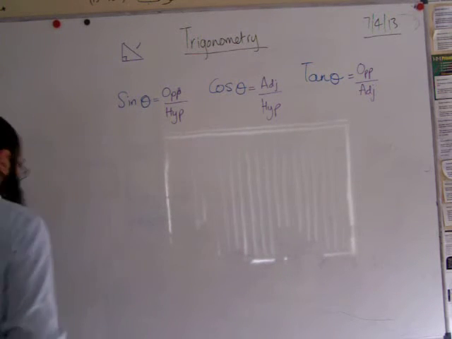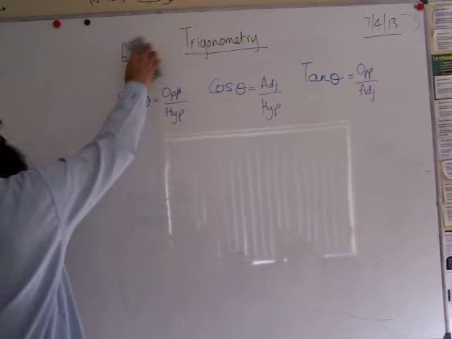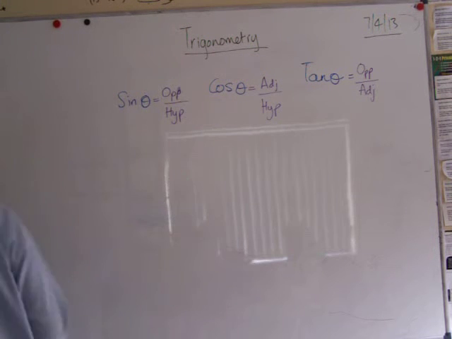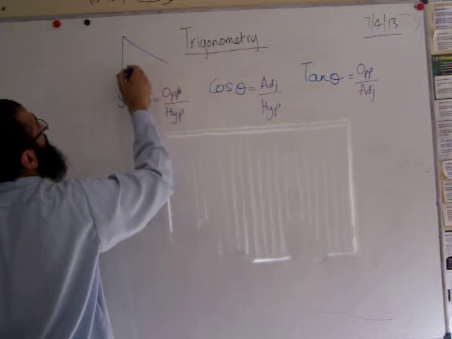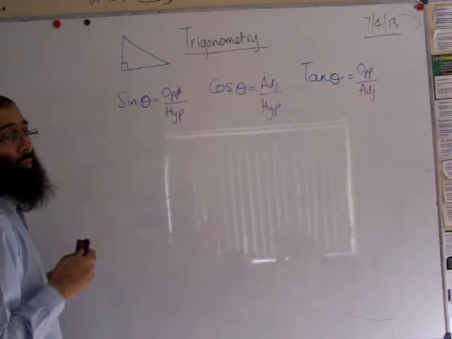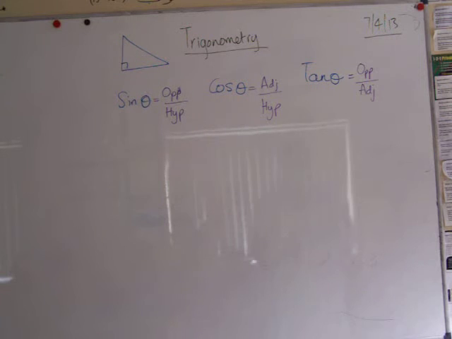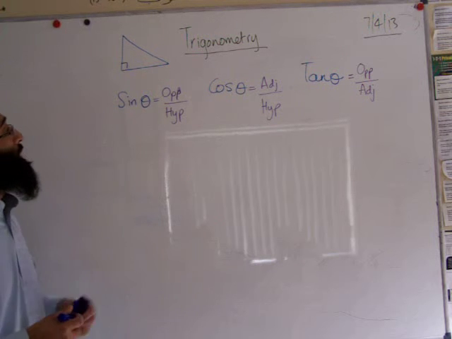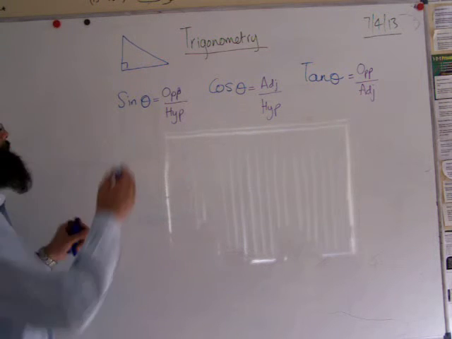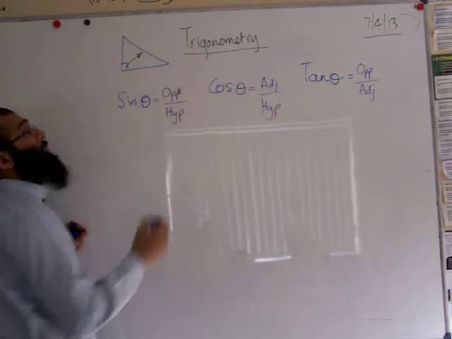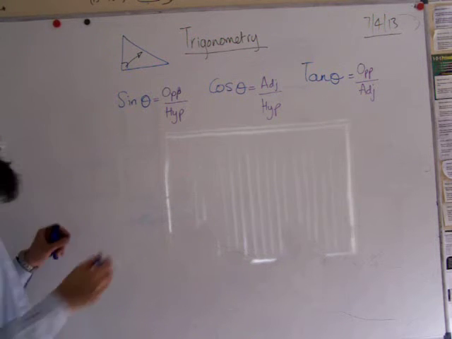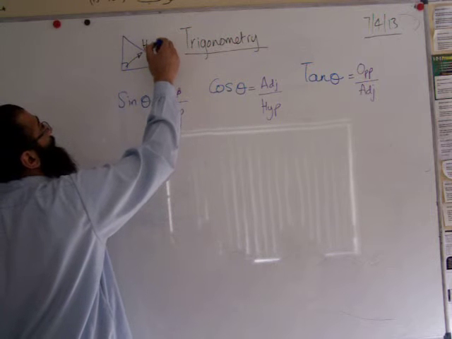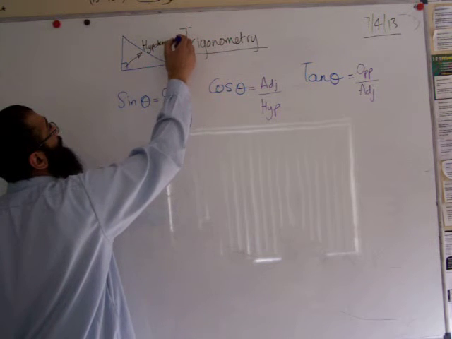So if we look at our right angle triangle, when we start a question using trigonometry, you must always label the diagram first of all. Opposite the right angle, we always find the longest side, which is called the hypotenuse.